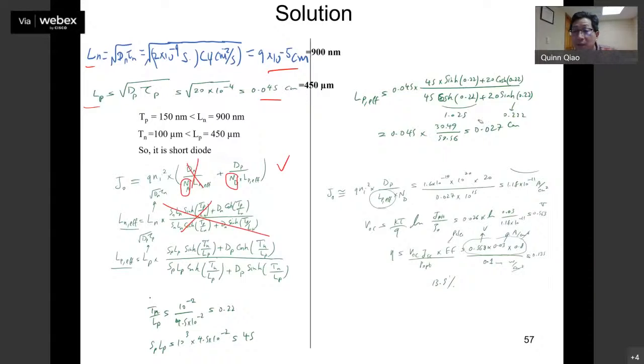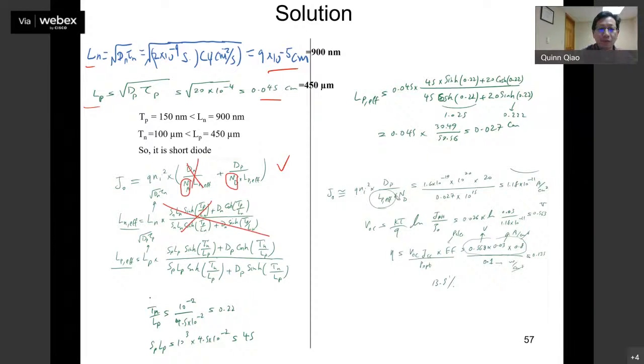That seems to be about 30.49 divided by 50.56. Then multiply, and you get this Rp,eff. I plug back here q ni squared multiplied by Dp.